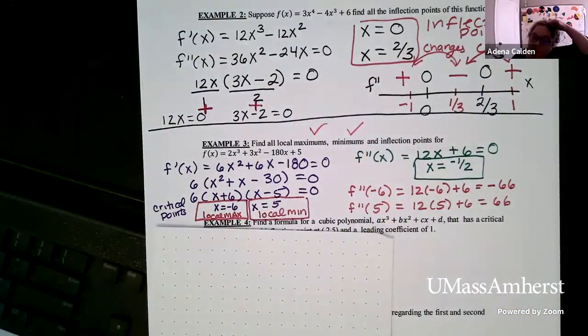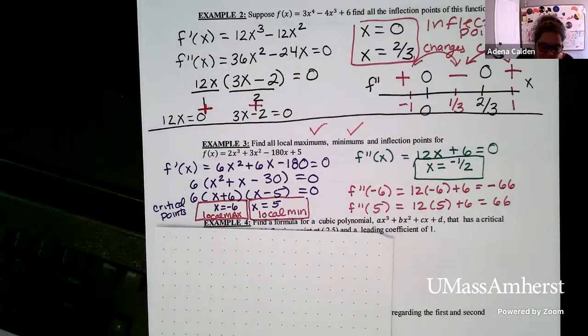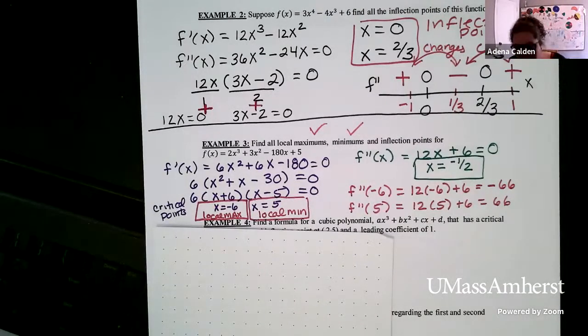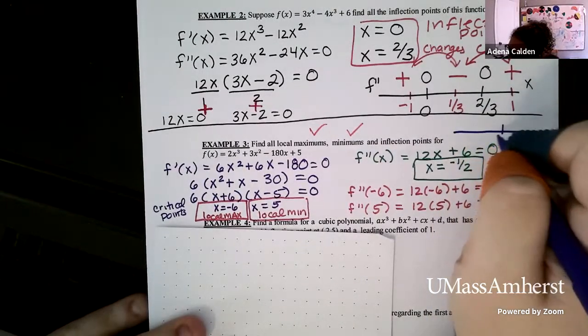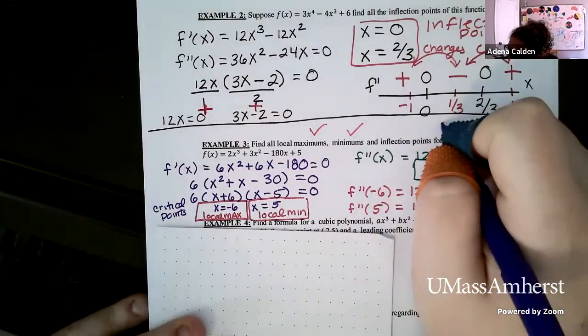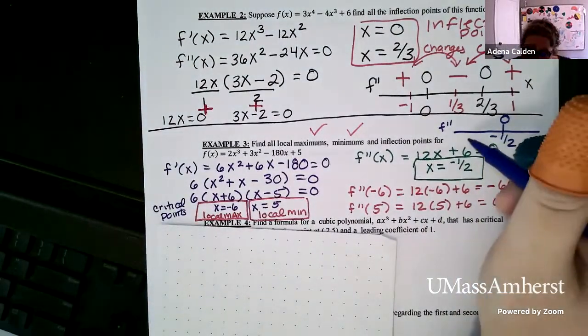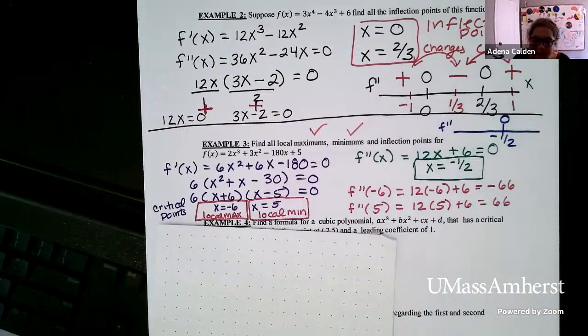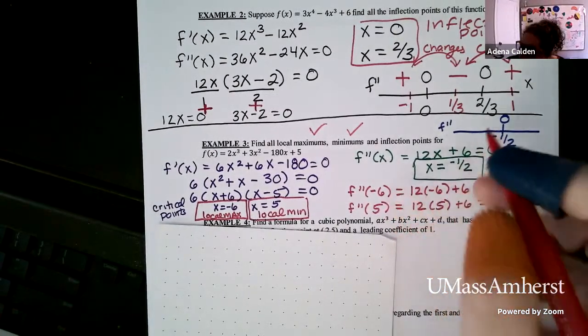And the reason why it's beneficial to use the second derivative test here is because we can also use these values when checking the inflection point. So let's have our number line. Let's throw the -1/2 on there. We know that at -1/2 the second derivative is 0. We need to test something to the left and to the right of -1/2. Well, these critical points happen to be one to the left and one to the right, right?